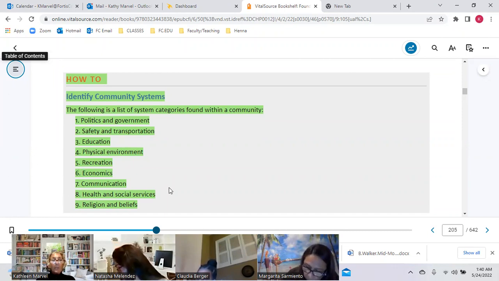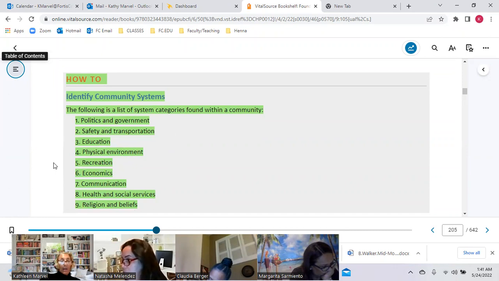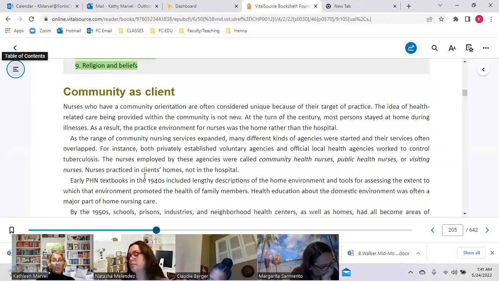Every community has politics and government, a safety and transportation system, education, and a physical environment, and so on. There are obviously more categories in every community, but these are the 9 addressed in this book. So please know those.